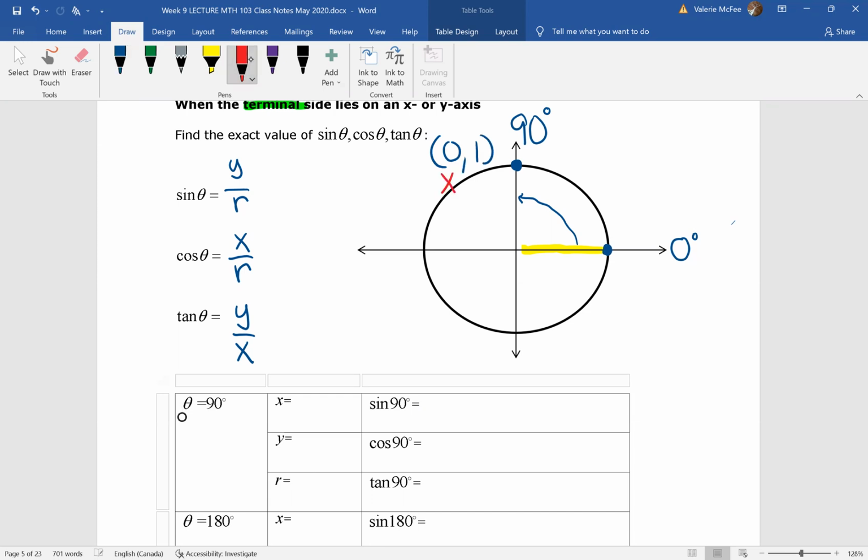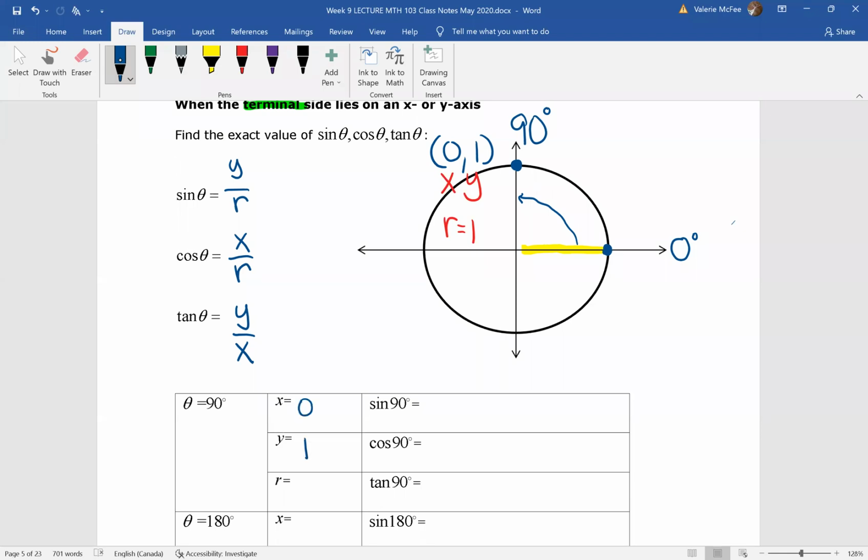We know X, we know Y, and we know R equals 1. So let's fill that in here. We know X at 90 degrees. We know Y at 90 degrees. We know R. Find the sine of 90 degrees, cosine of 90 degrees, and tangent of 90 degrees.